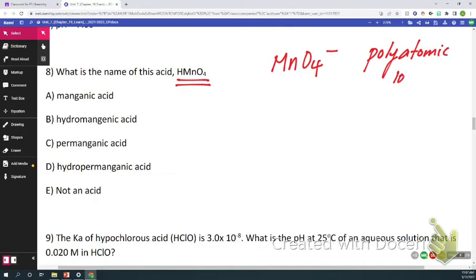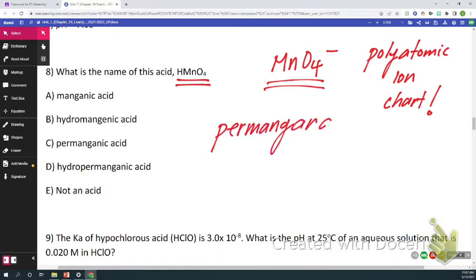I'll tell you what it is, but you know how you have access to the polyatomic ion chart during the final and all on the test? You find this right here on that chart, and this is called permanganate.